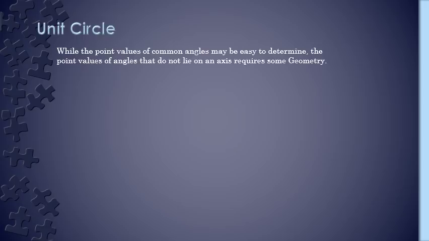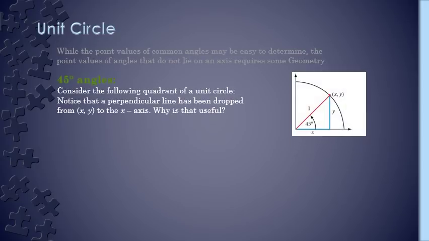While the point values of common angles may be easy to determine, the point values of angles that do not lie on an axis requires some geometry. So let's talk about 45-degree angles. We can see in the picture where that 45-degree angle is. And if you consider the following quadrant of this unit circle, notice that a perpendicular line was dropped from (x, y) to the x-axis.